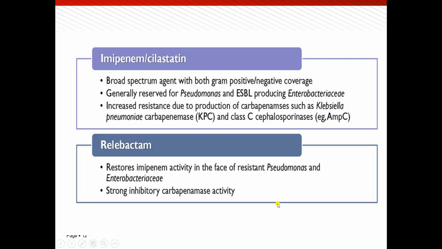While with the combination of imipenem with relebactam, it restores the imipenem activity in the face of resistant Pseudomonas and Enterobacteriaceae, and it has strong inhibitory carbapenemase activity. That is why this new combination is nowadays highly used in place of imipenem-cilastatin.